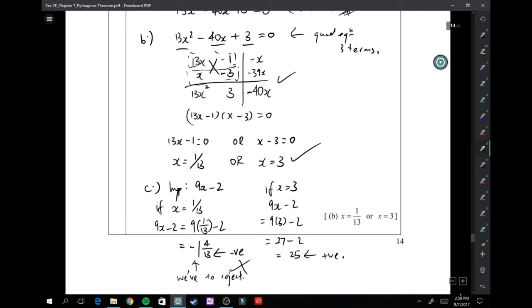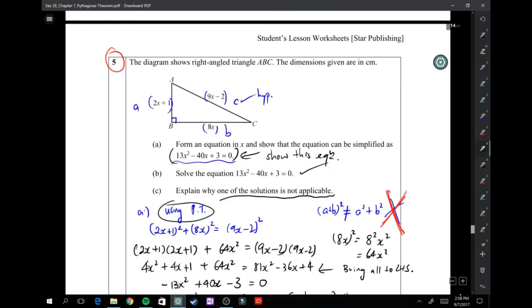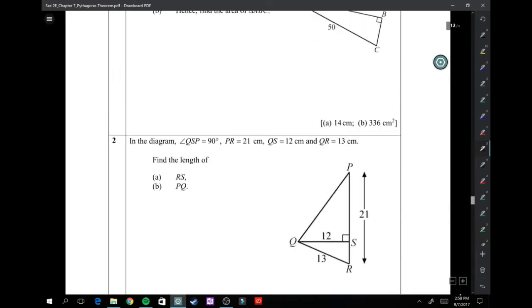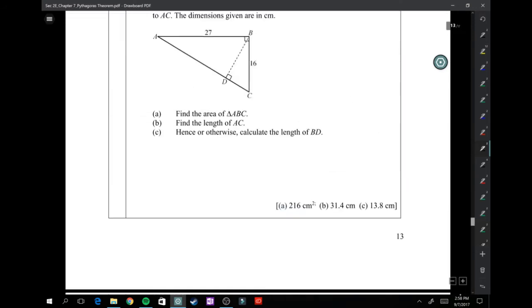So the answer for C is this: x equals 1 over 13 is rejected since the hypotenuse will be negative if x equals 1 over 13. So this is your answer for question 5. Clear? So that's it for question 5, and I'll leave questions 1 to 4 to you guys.